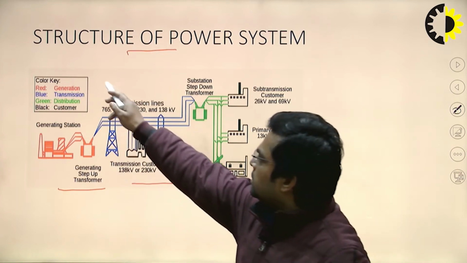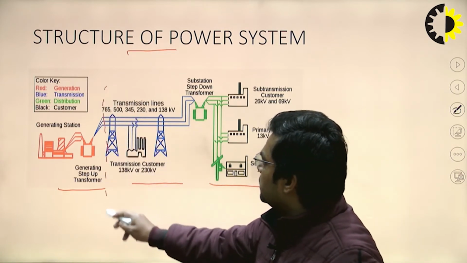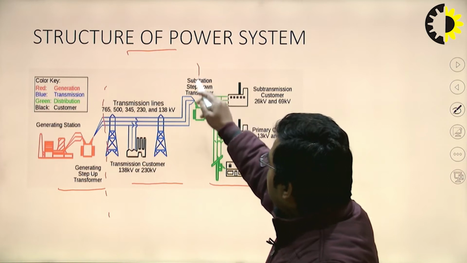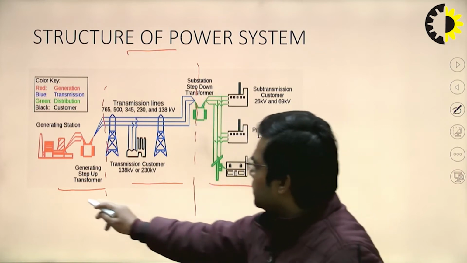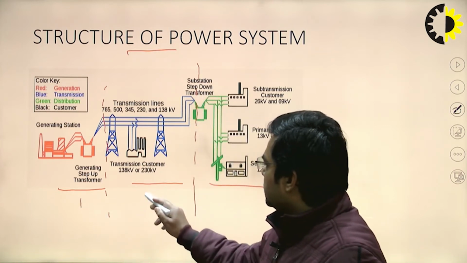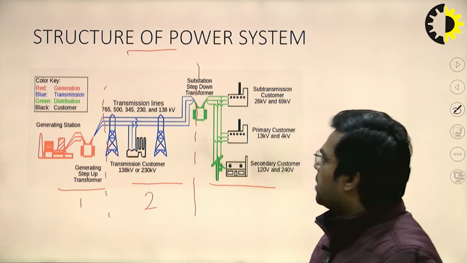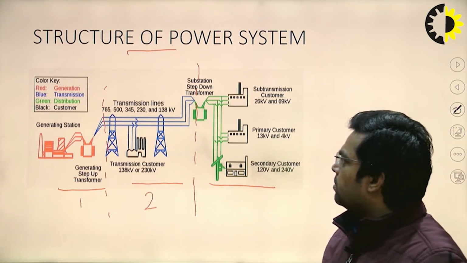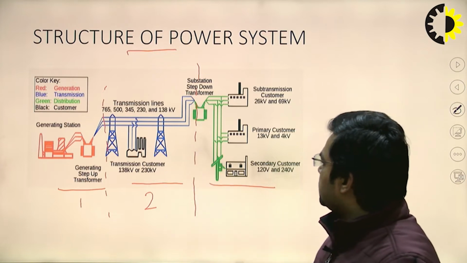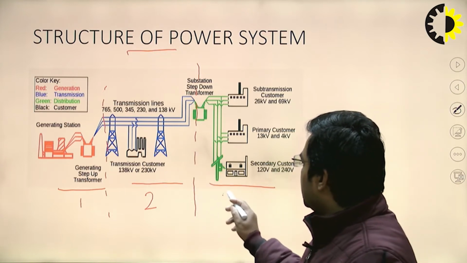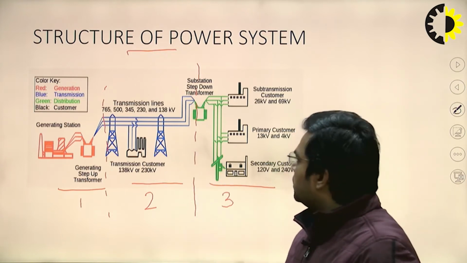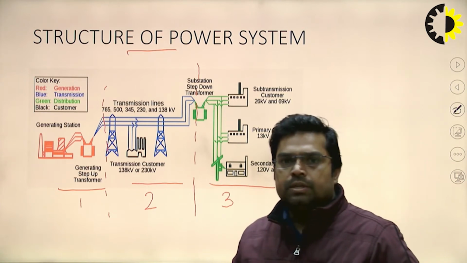This is the generation. Second, let's suppose this is number 2, this is the part of blue color, showing the transmission side or transmission end, and third one is the distribution end.